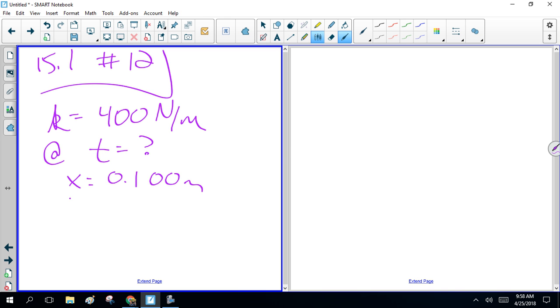We know that our velocity is negative 13.6 meters a second. And we know our acceleration is negative 123 meters per second squared. Based on that, we need to find the frequency of oscillation, the mass of the block, and the amplitude of motion.